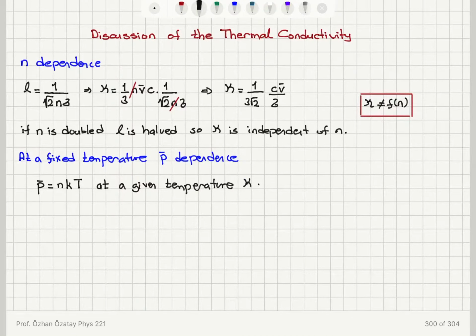Kappa is independent of the mean pressure P bar. So kappa is not a function of P bar. So that's what we find.